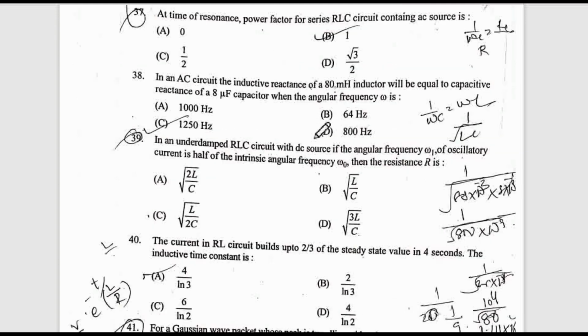Now coming to the 38 number question, it has asked to find the angular frequency in an LC circuit connected to an AC source, where the inductance is 80 millihenry and the capacitance is 8 microfarad.